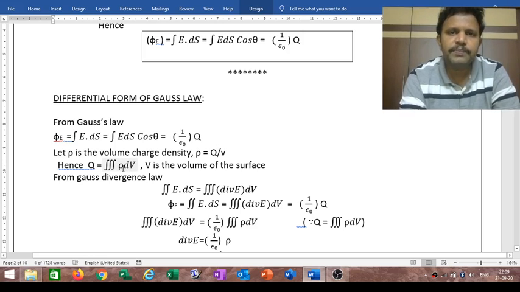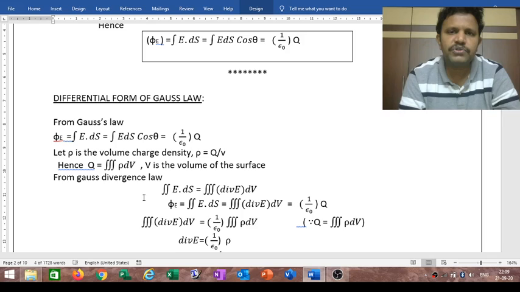Here, rho is the volume charge density, which is defined as rho is equal to q by v. Therefore, we substitute the integral over v instead of q, and we use one more application, that is Gauss divergence theorem. Here Gauss divergence theorem is used to convert surface integral into volume integral.